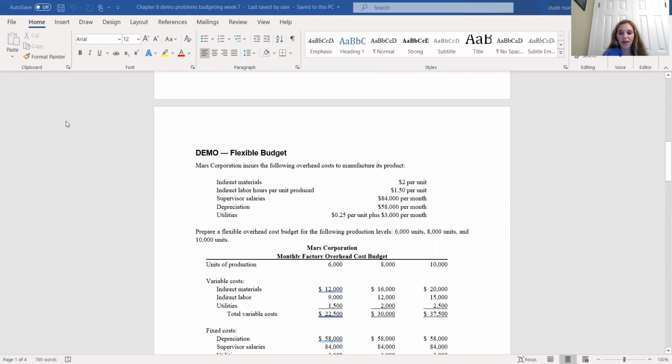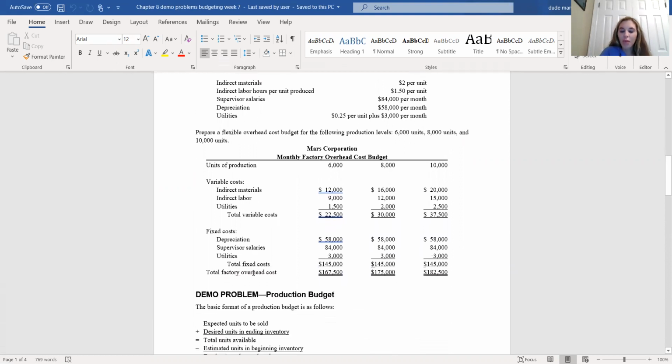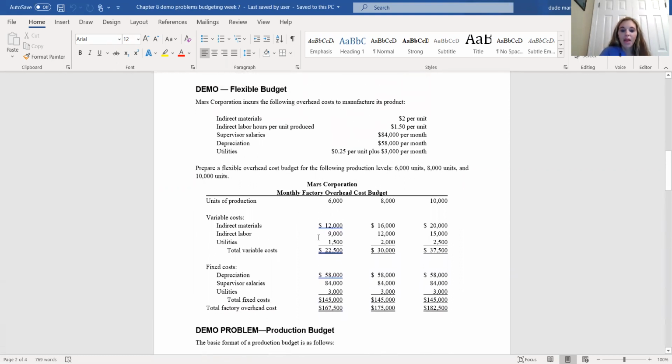As you can see here, these are the units of production. Do you see how they're giving us three different levels of units of production? We have 6,000, 8,000, and 10,000 units. Now, how did we come up with these cost figures? Well, the indirect materials, all you have to do is you take this unit amount, the 6,000, times your indirect cost per unit, which is the $2. 2 times 6 is the 12,000.